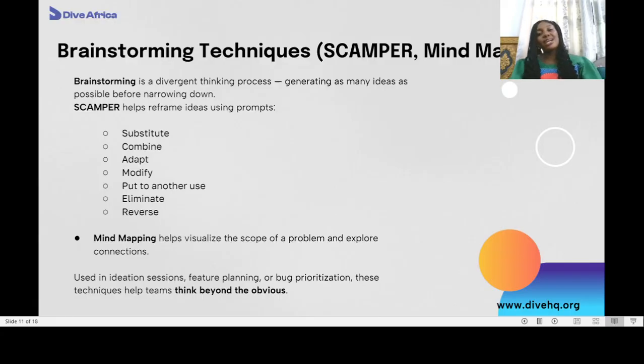The M here stands for modify or magnify. When we're talking about modify, this is to change something's size, color, timing or intensity. It can be to change the size, the shape, the color or the timing. An example: you discover that some individuals travel a lot, maybe for work or business.